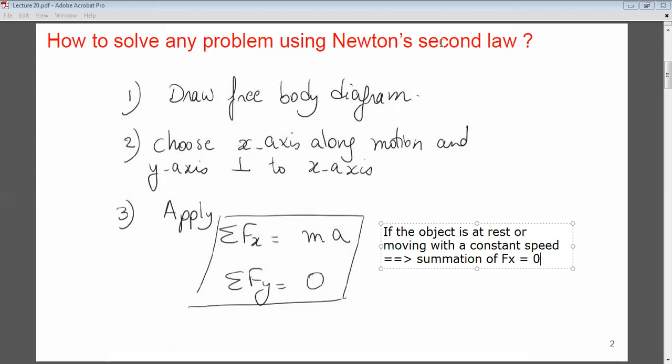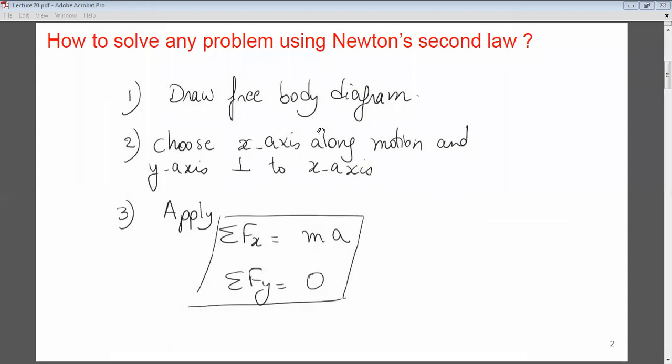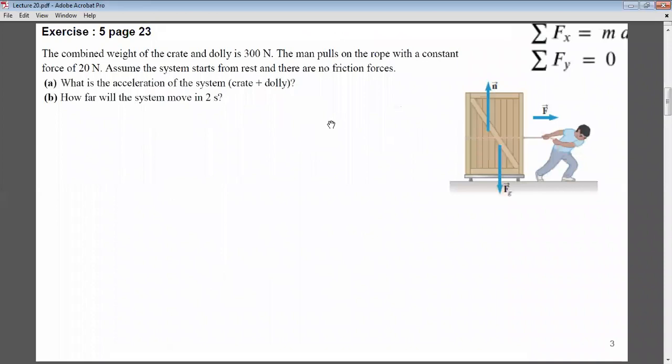Okay, so let's do a simple exercise from your booklet. The combined weight of the crate and dolly is 300 Newton. The man pulls on the rope with a constant force F equal to 20 Newton. So what is he giving me in the given? First, W equals 300 Newton.